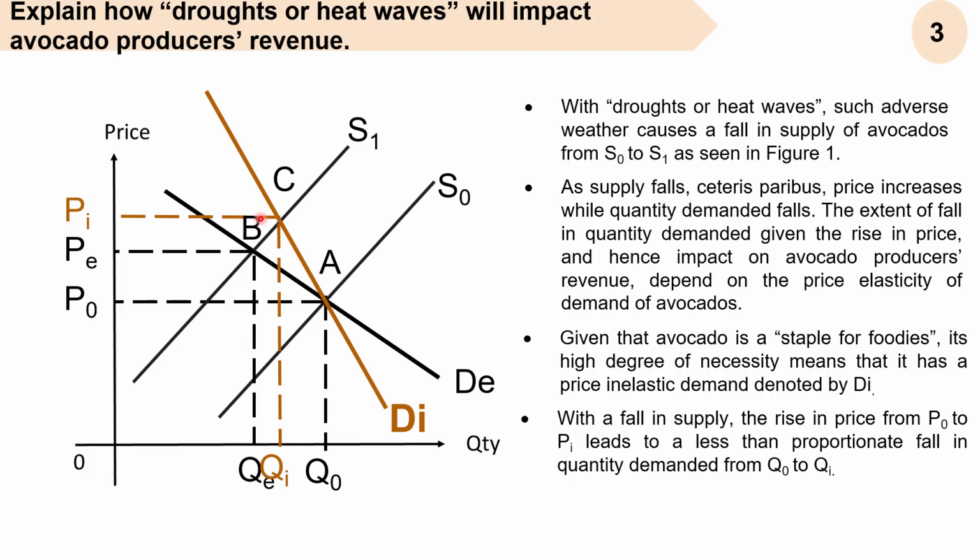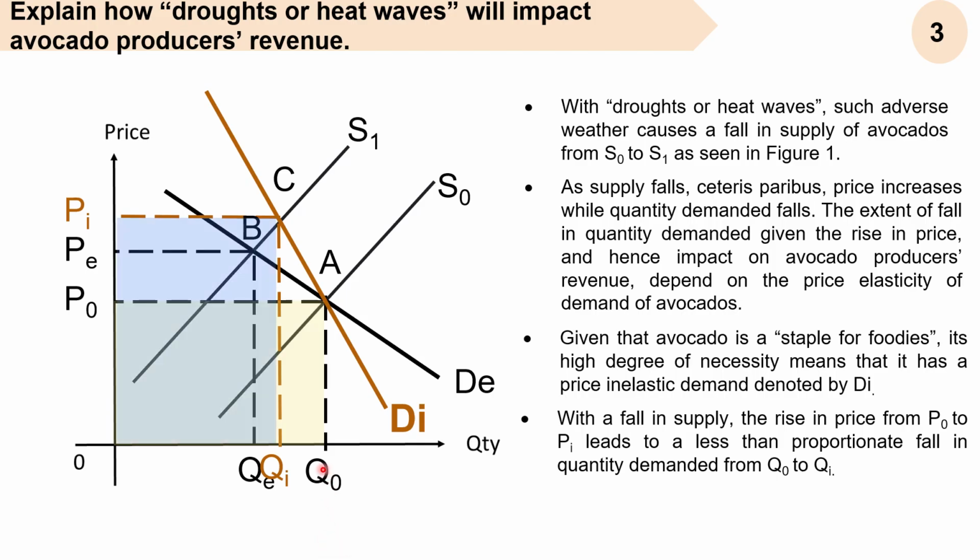So that's why we need to label every single point, so that when you write your diagrammatic analysis, you can tell the examiner which rectangle you are referring to. I'm coloring it just so that y'all can see clearly. So your initial total revenue is 0, P0, A, Q0.